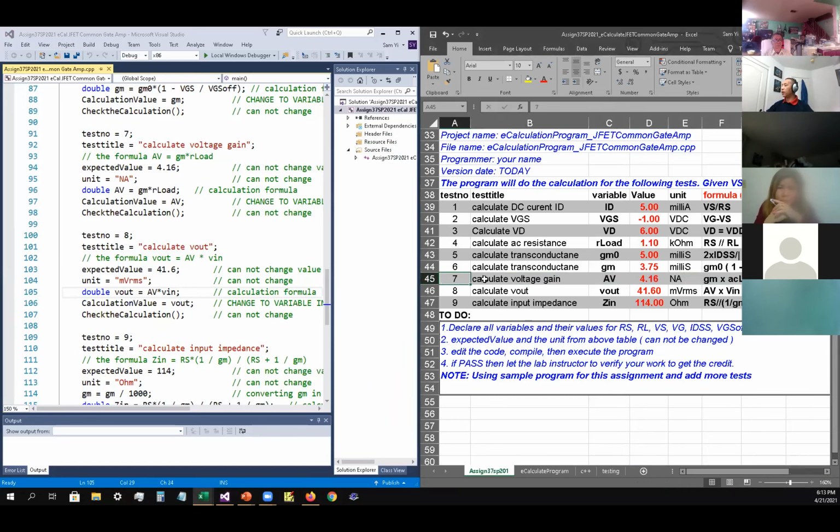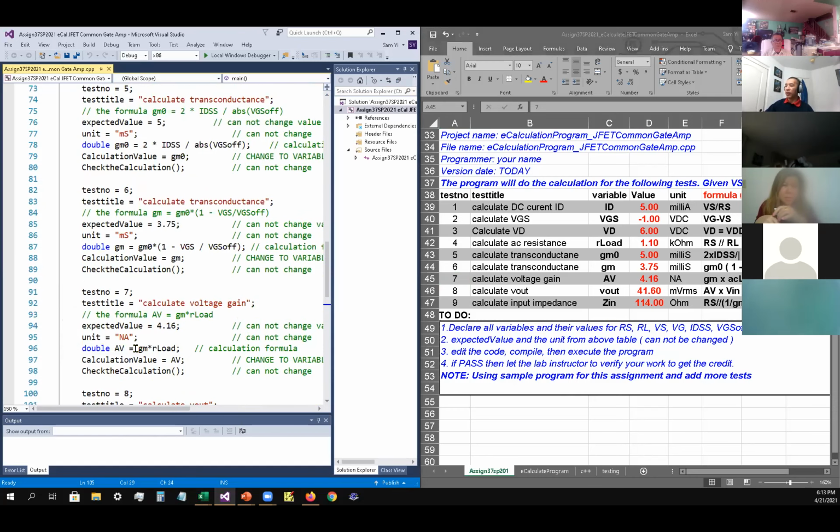So he said to calculate voltage gain. Okay, so AV equals 4.6, there's no unit, and gm times the quantity times AC load. So in number 7 it should be straightforward.